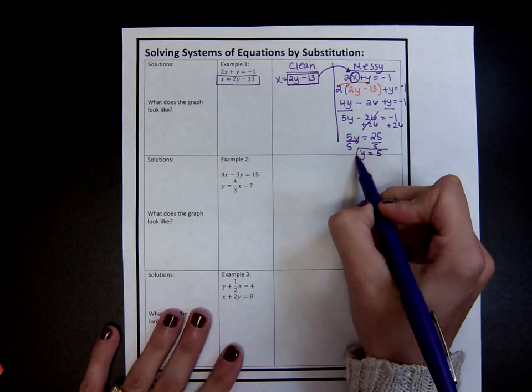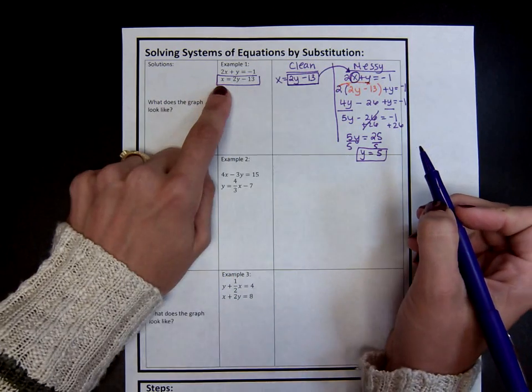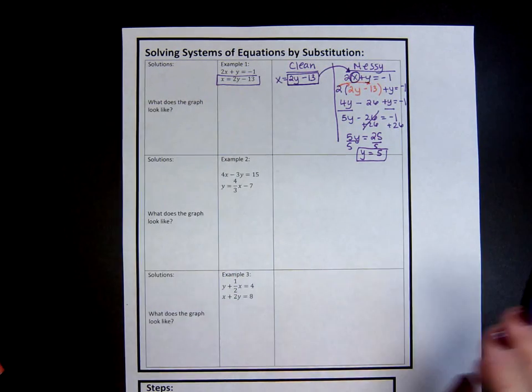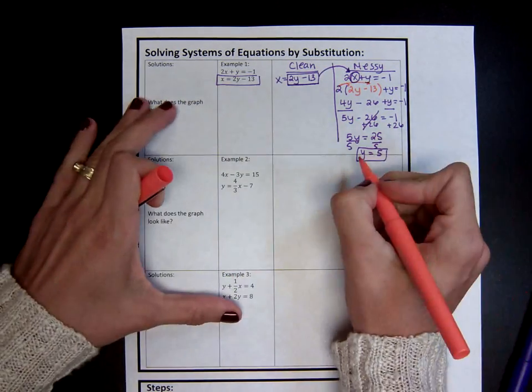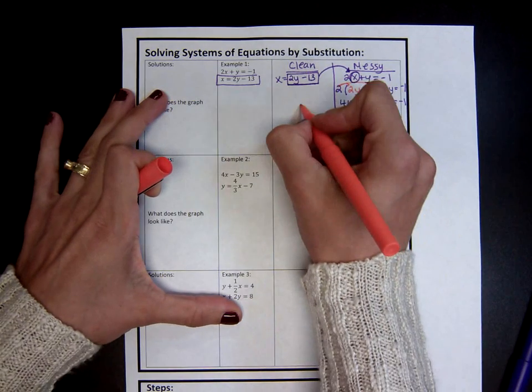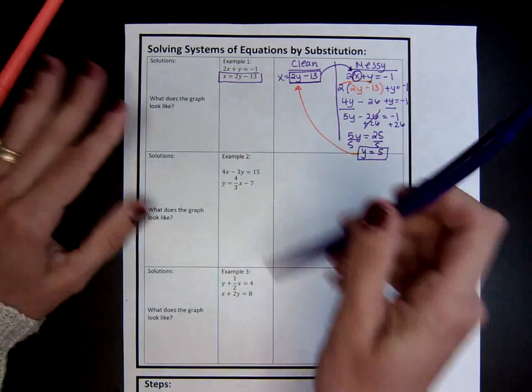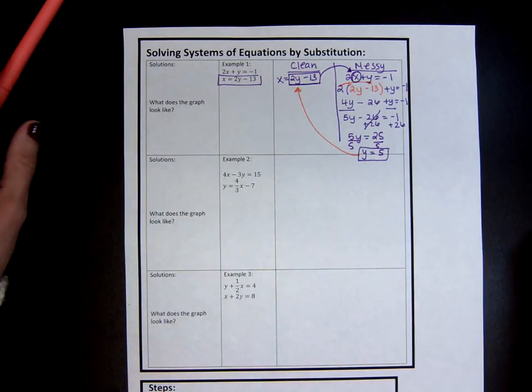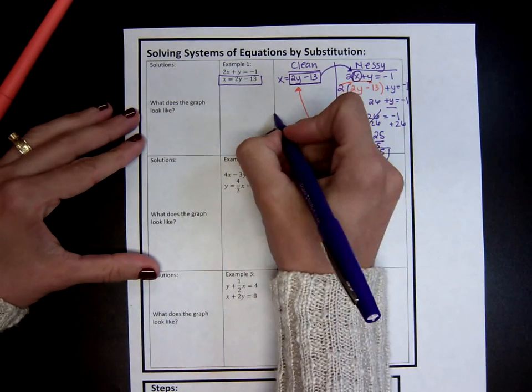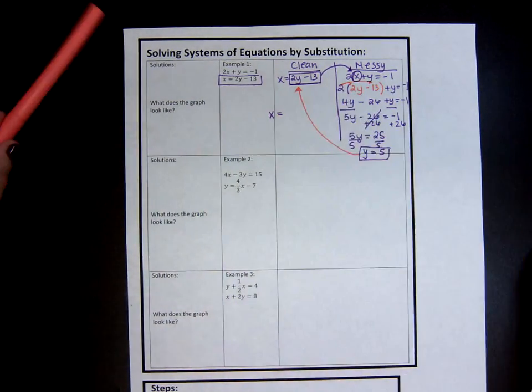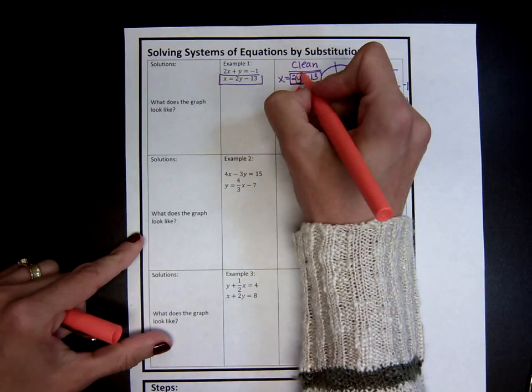Okay, so we've got y, but now we need x. So we just have to sub the y into this equation, because that will give us x. So let's rewrite x is equal to, and remember we're subbing it in for y.